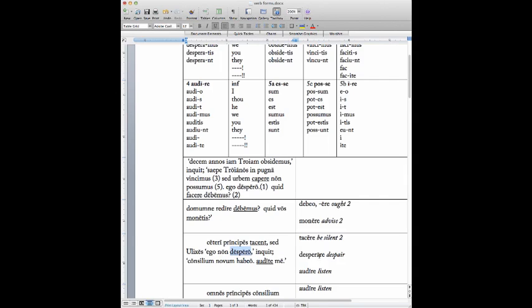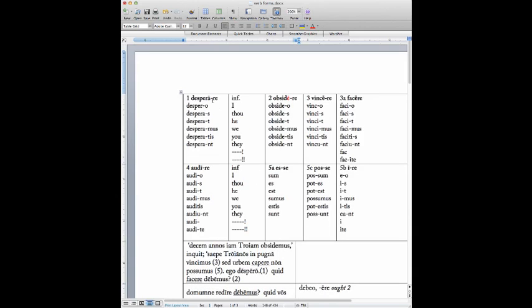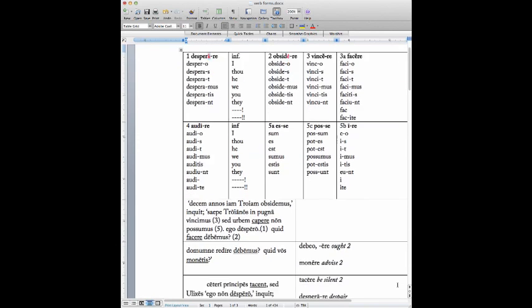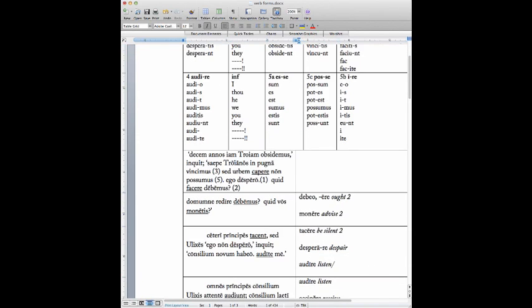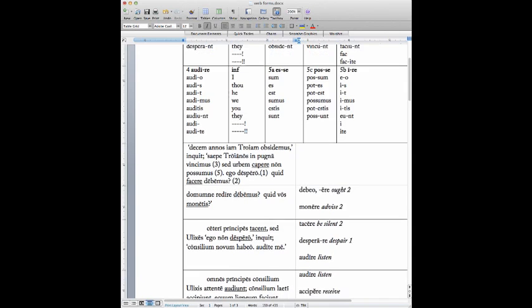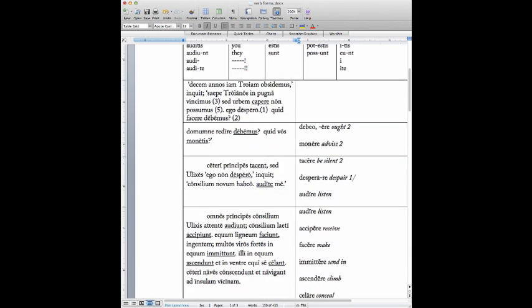There's desperare, to despair. So the stem vowel here, you can see, is long are, which is this form here. So you'd put the number 1 here. Okay. There are some ambiguities that are pretty easy to resolve.